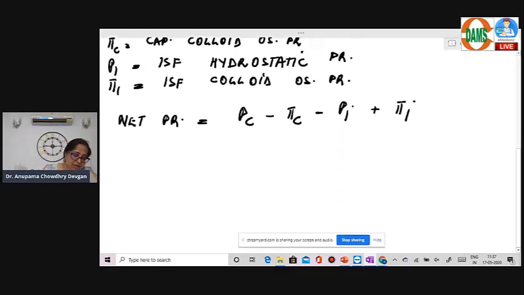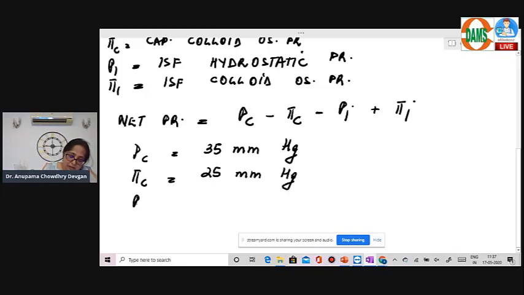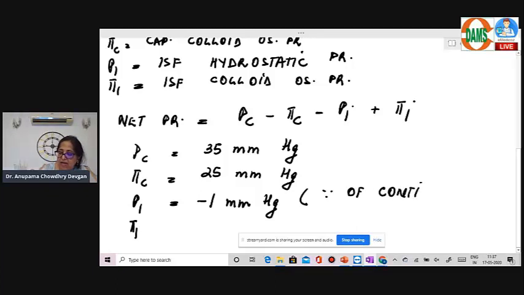Now let us see what is the normal. PC is 35 millimeters of mercury. Pi C is 25 millimeters of mercury. Pi is minus 1 millimeter of mercury. Why is it minus 1? This is because of continuous drainage into the lymphatics.